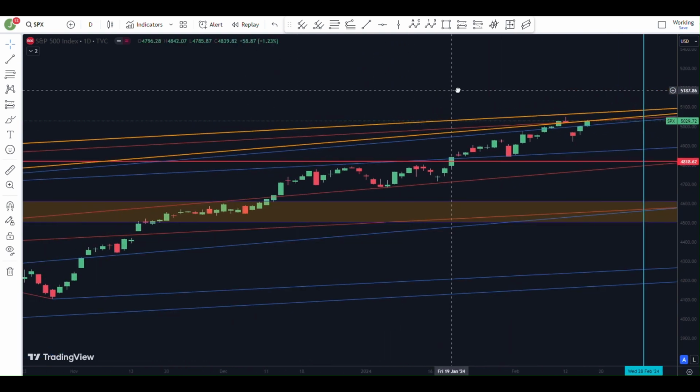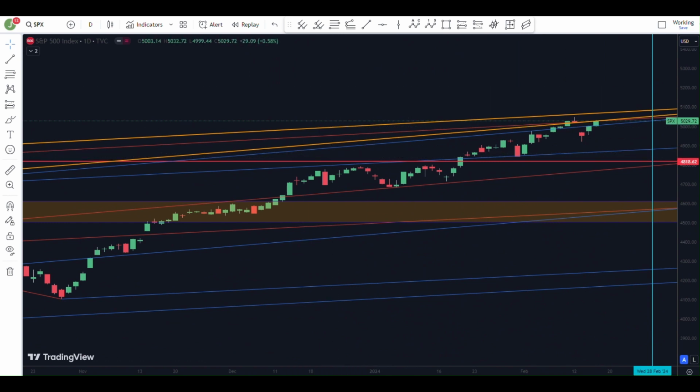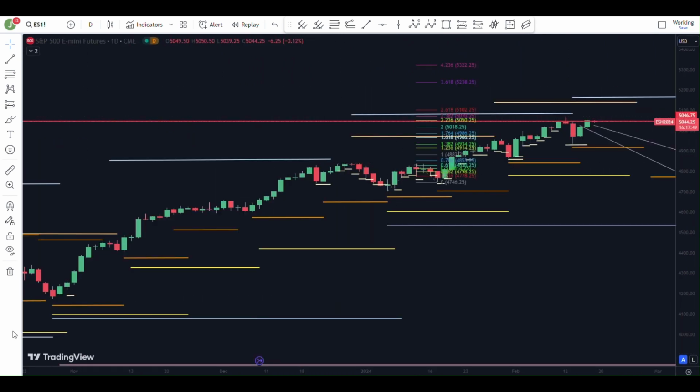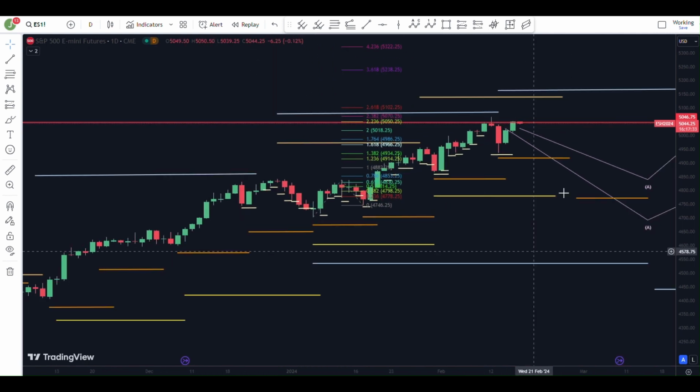The reason for that is if we look at the prior cycle, it's better if I stay on the ES, I suppose, for this. The prior blue cycle, the second to last orange cycle, it did exactly what's been going on lately. It put in the trough. Actually, this is the same day as the peak. And this is the second to last orange cycle, which is what we are in now.